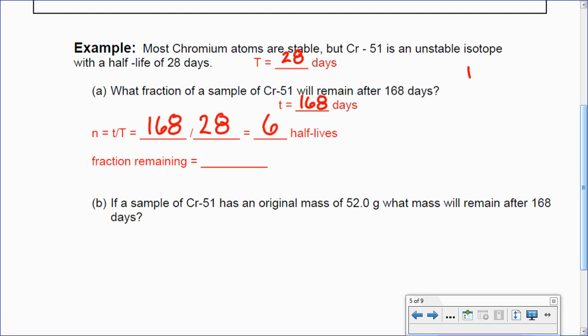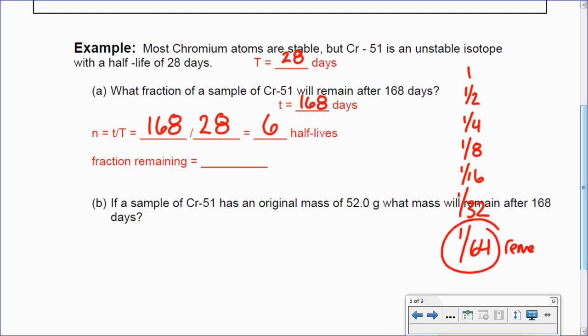So if 6 half-lives have gone by, we've had it cut into a half, cut into a quarter, that's 2 half-lives, cut into an eighth, that's 3, a 16th, that's 4, a 32nd, that's 5, and a 64th. 1/64th of the original sample remains.